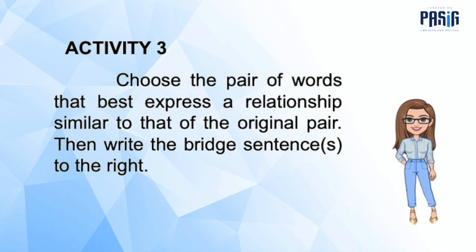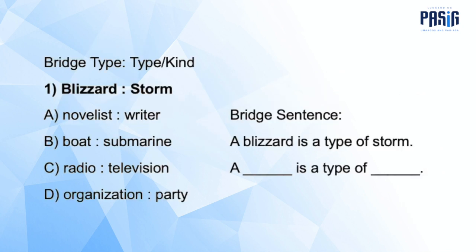Activity number 3. Choose the pair of words that best express a relationship similar to that of the original pair. Then write the bridge sentence or sentences to the right. Bridge type is type or kind. What pair of words best express a relationship similar to number 1, blizzard is to storm?